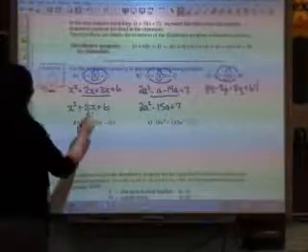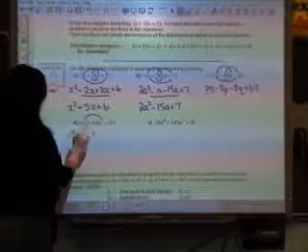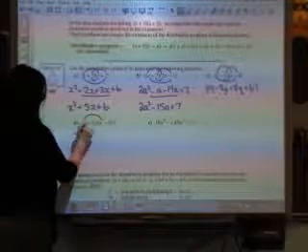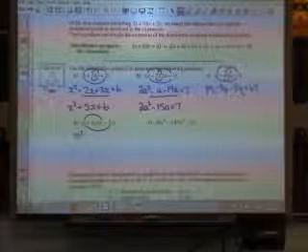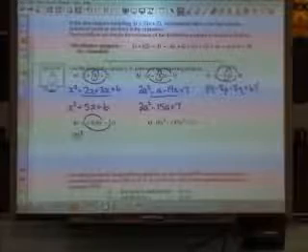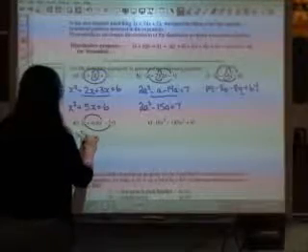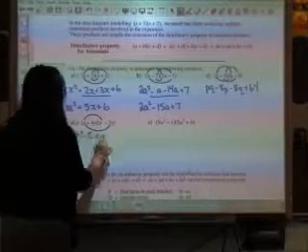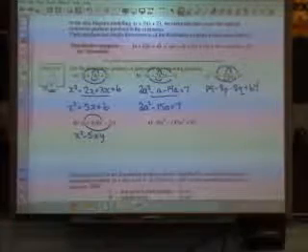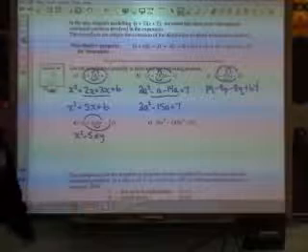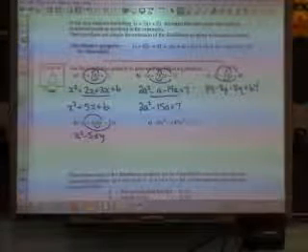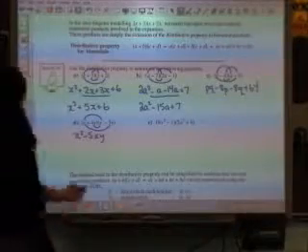When I get to D, x and x gives me an x squared. When I multiply x with a negative 5y, what would I get? Negative 5xy. So we put our letters in alphabetical order, and our coefficient always goes out in front. If I take 4y and multiply it by x, what would I have? 4xy.